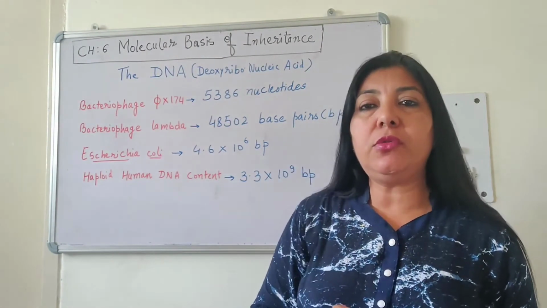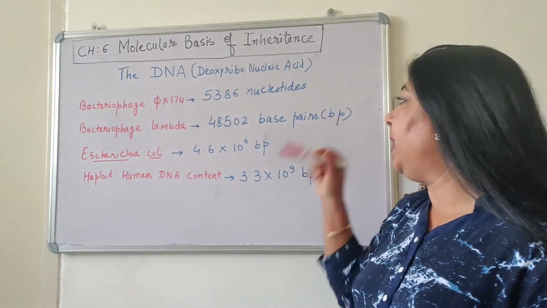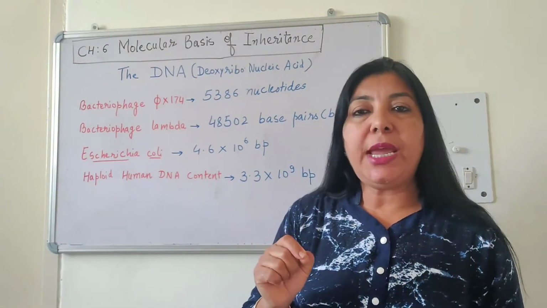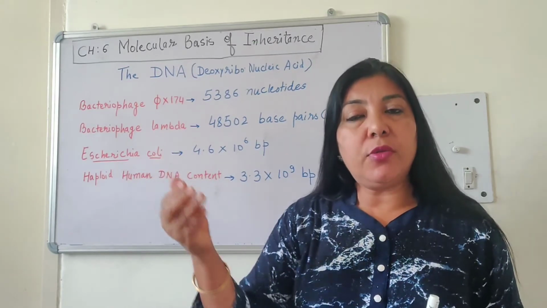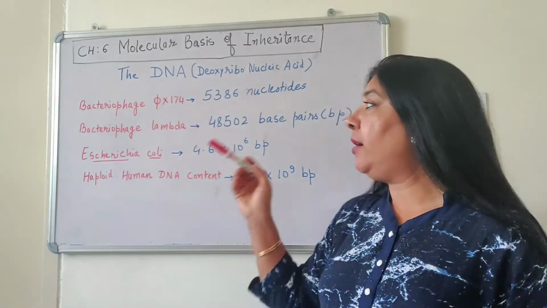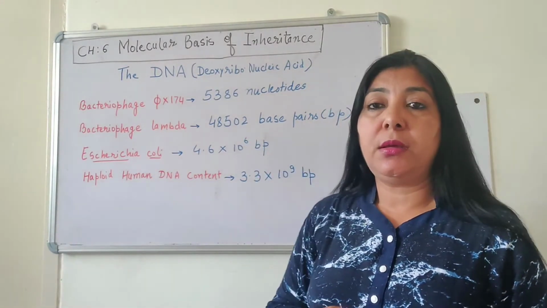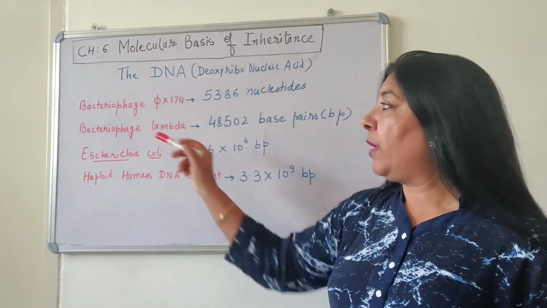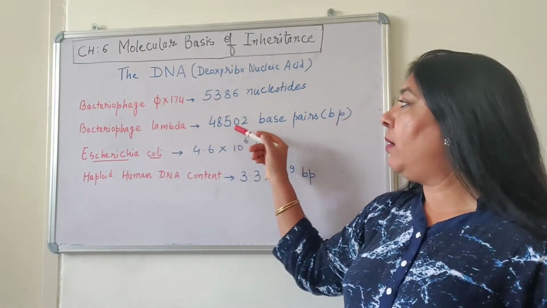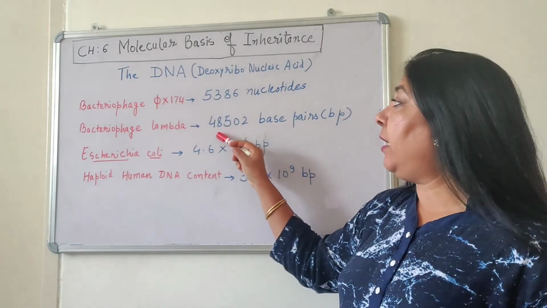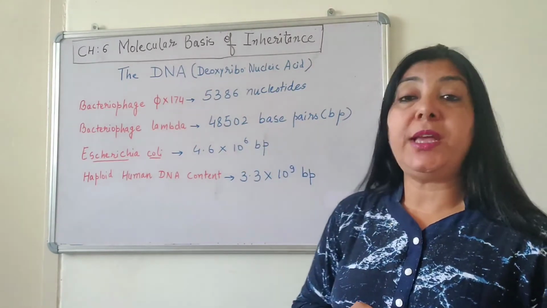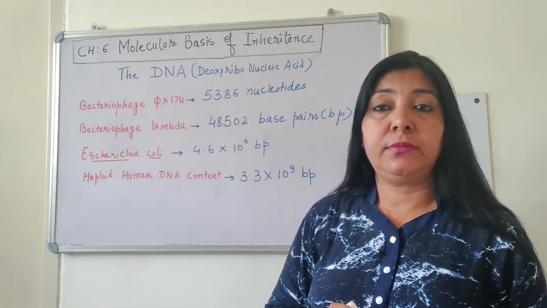So, the unit we use is BP, which stands for base pairs. We calculate the length of DNA in terms of base pairs. You must know this figure. So bacteriophage lambda has 48,502 base pairs in it.